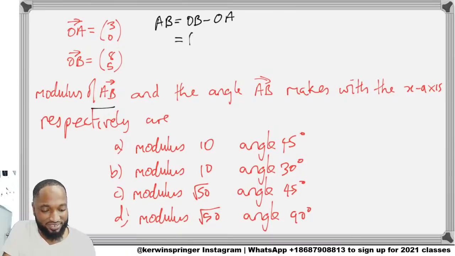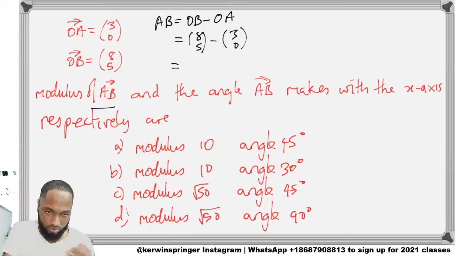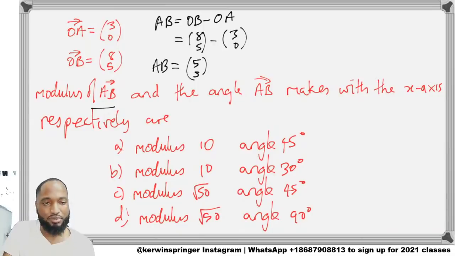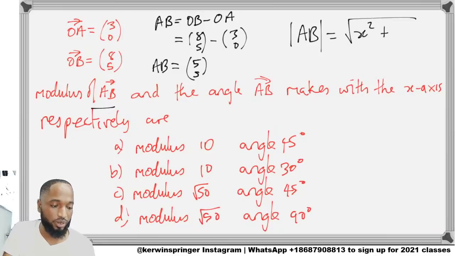Nah, but the techniques you should know them one by one. So AB is 5, 5. So the modulus has to be the square root of 50. The reason I know that is because the modulus or the length of a vector is equal to the square root of x squared plus y squared. Anybody know this? Square root of x squared plus y squared, 5 squared plus 5 squared.